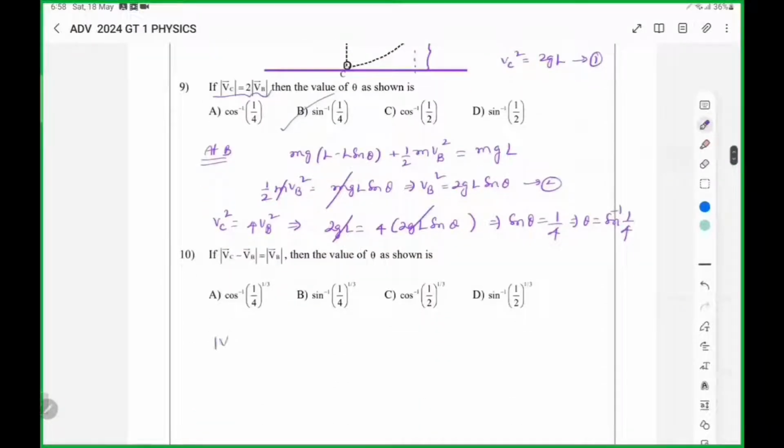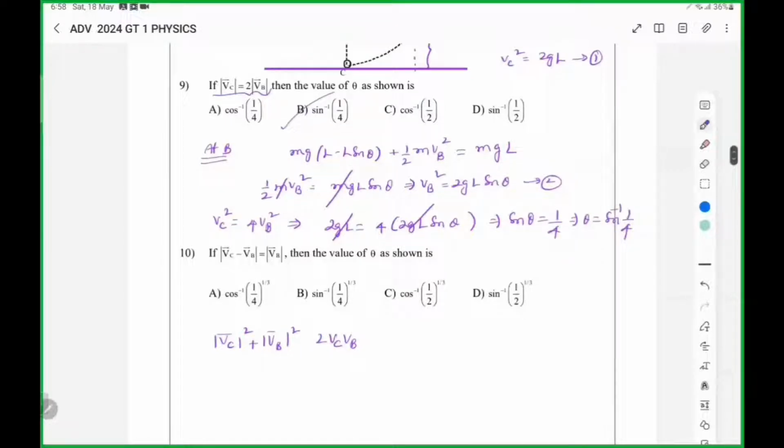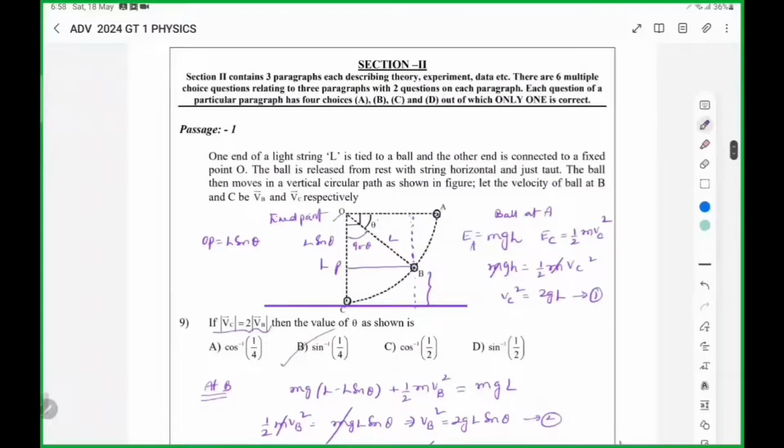Here, squaring both sides, Vc square equals Vb square plus, sorry, minus 2 Vc Vb cos alpha, where alpha is the angle between Vc and Vb.